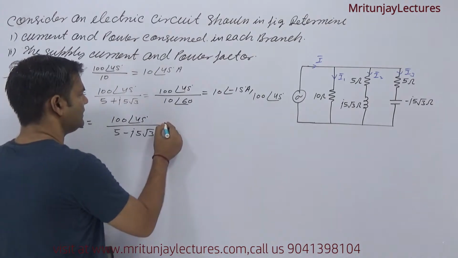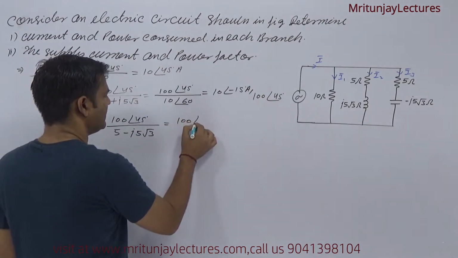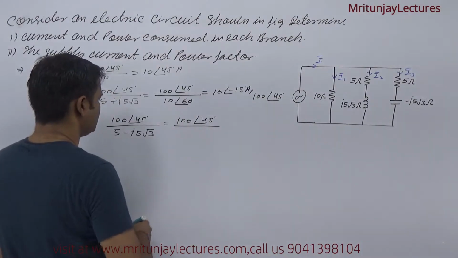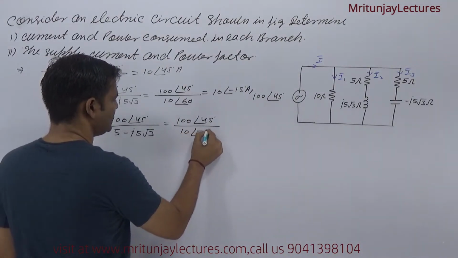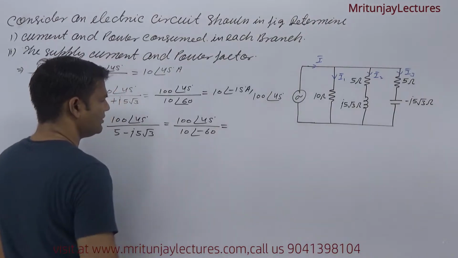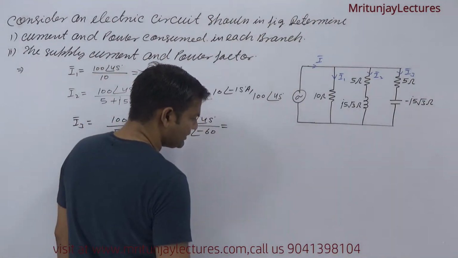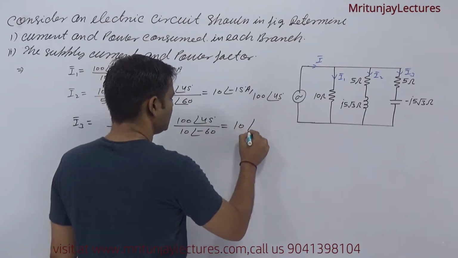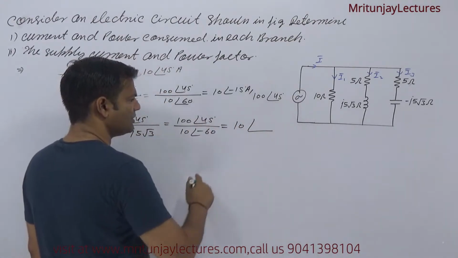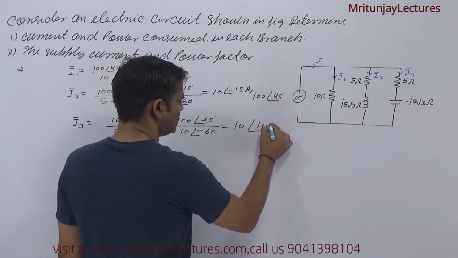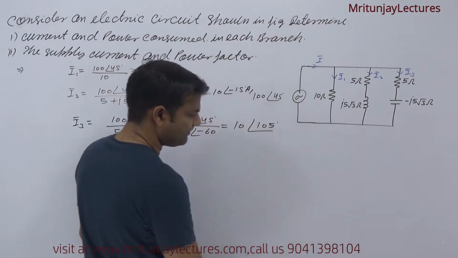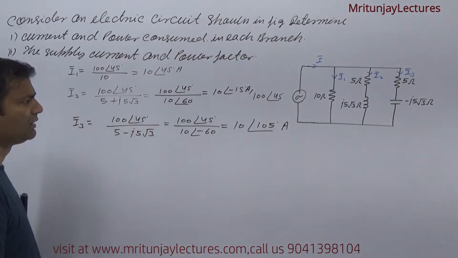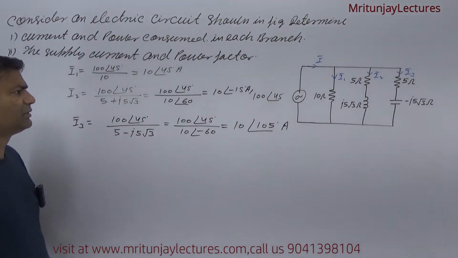Now this value 100 at the angle 45 divided by 10 at the angle minus 60 gives 10 at the angle 105 degrees. This is the current in each branch, I1, I2, and I3.